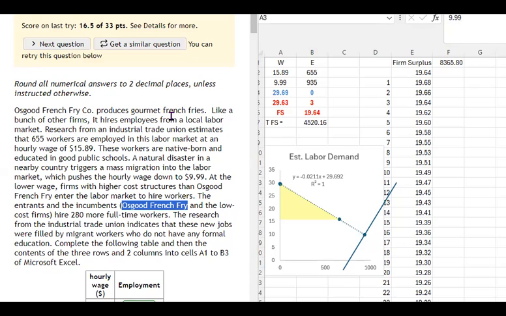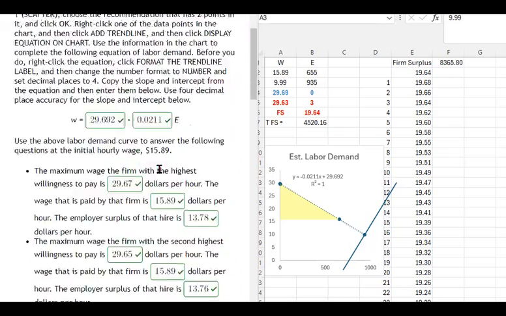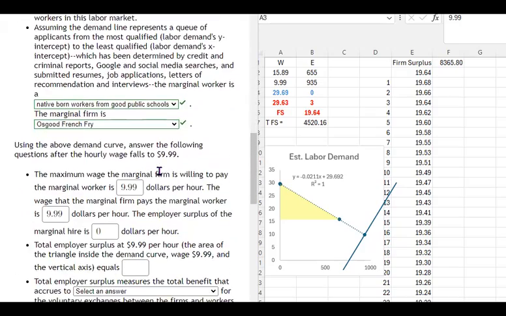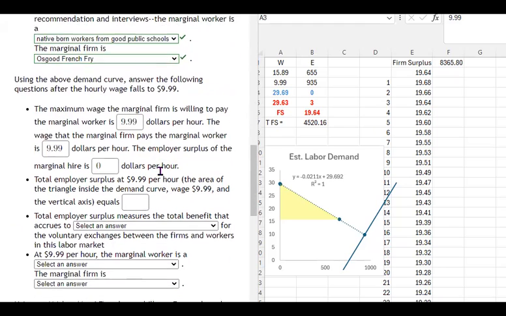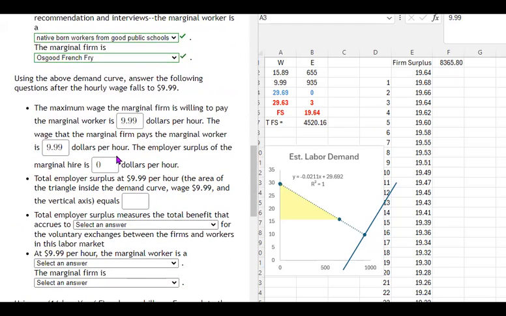So the new marginal firm is going to be a high cost producer, maybe a very niche French fry company with a very interesting take on French fries with weird flavors and limited runs. They can now enter this labor market and hire labor from it at $9.99. So that's the new marginal firm.